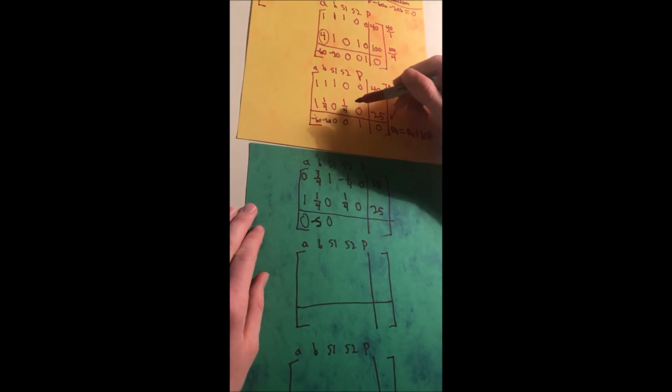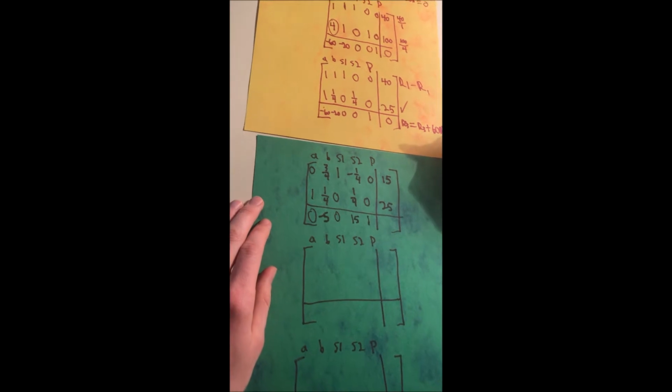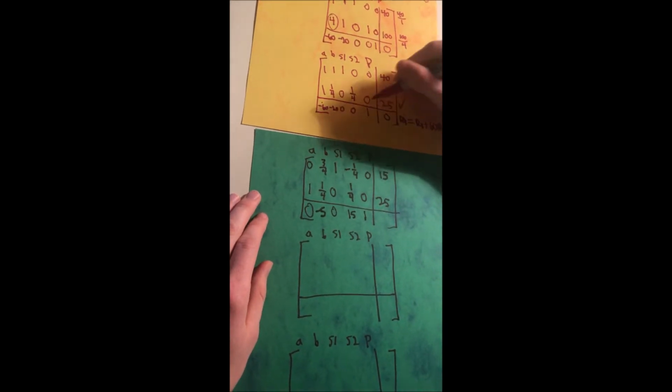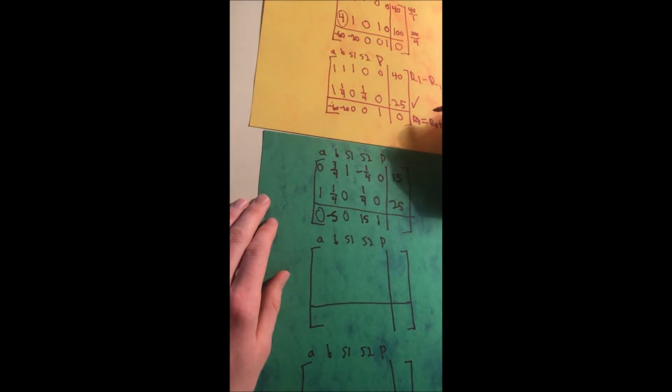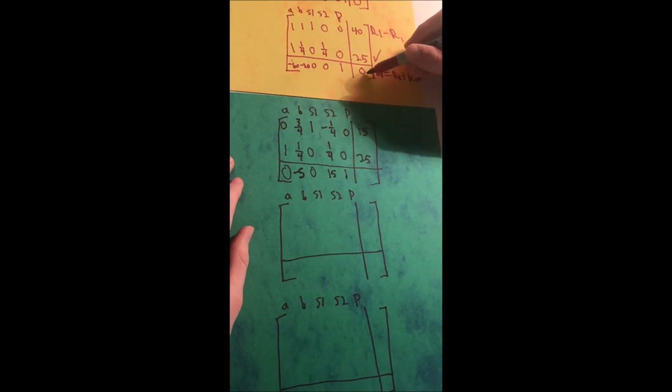We're going to have 15 times 1/4, which is 15. 1, because 0 plus 1 is 1. And then we're going to have row 2, which is 25 times 60, which is 1,500, plus 0, so just 1,500.